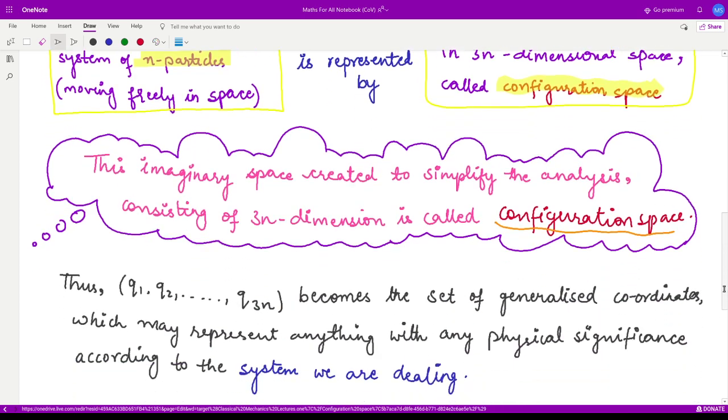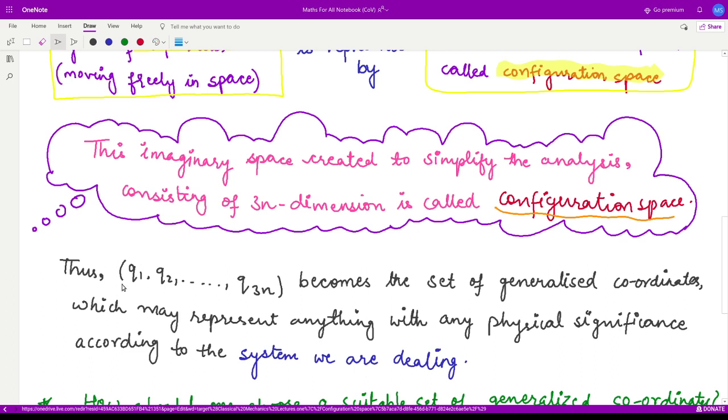So thus q1, q2 up to q3n becomes the set of generalized coordinates for this new system, which may represent anything with any physical significance. That means q1 could represent any physical quantity, q2 could represent any physical quantity, and similarly the others, right? And this could change according to whatever system we are dealing with.